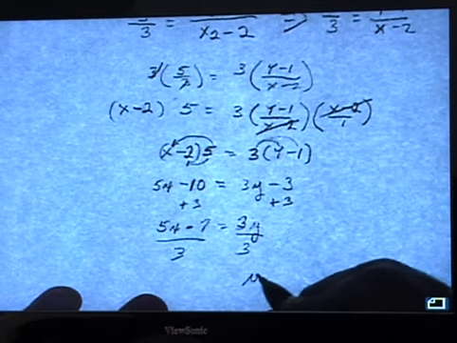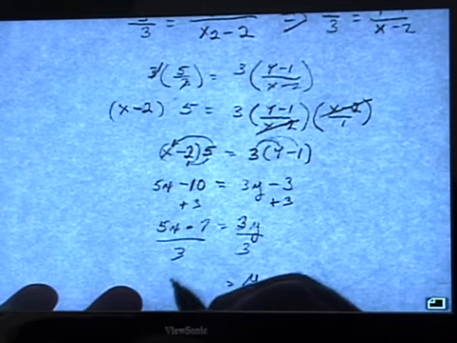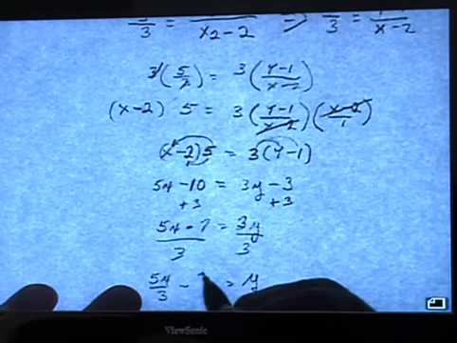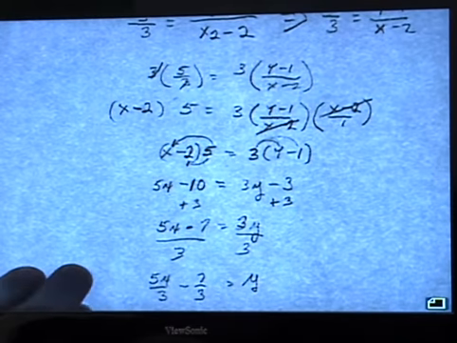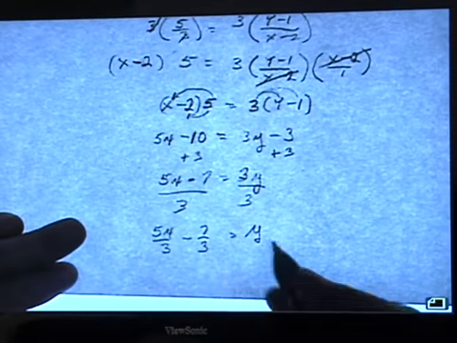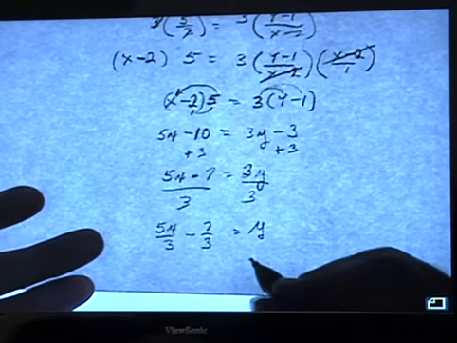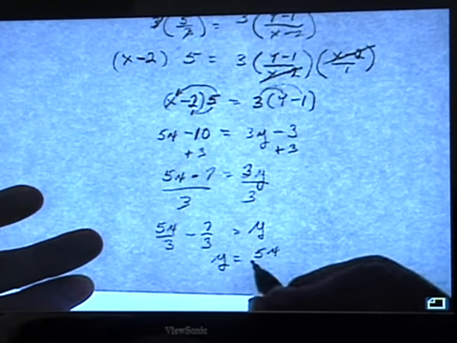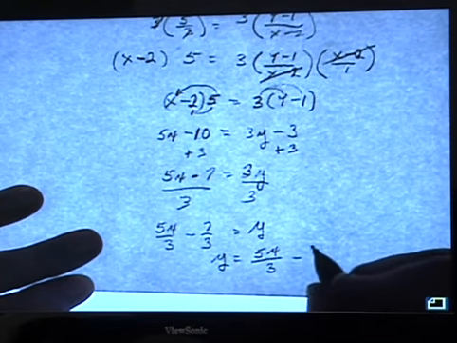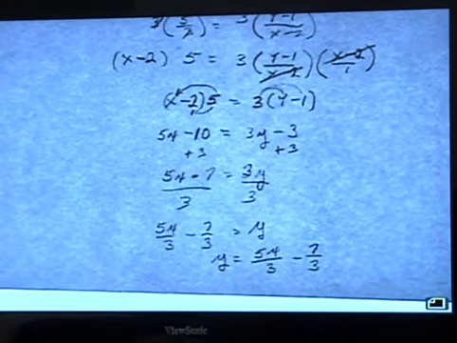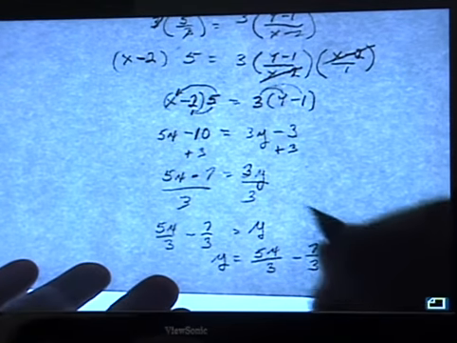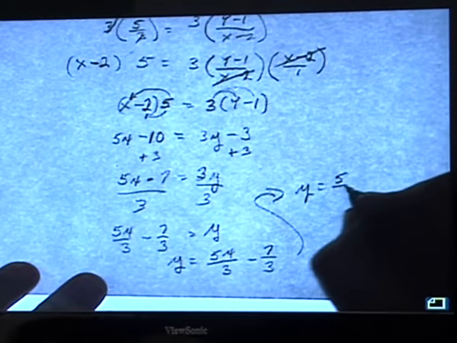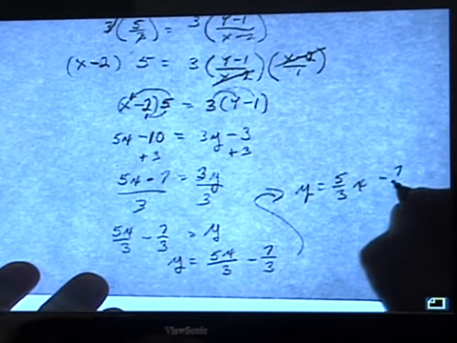And now we have y equals 5x over 3 minus 7 over 3. Now, we could rewrite that if we wanted: y equals 5/3 x minus 7/3.